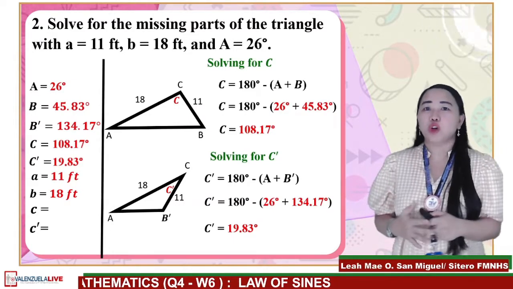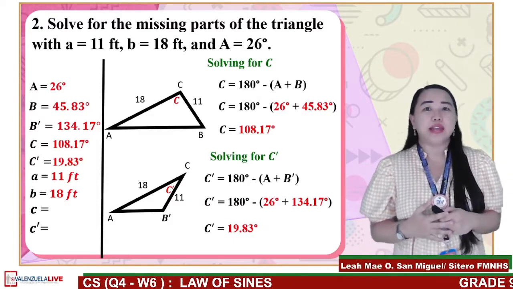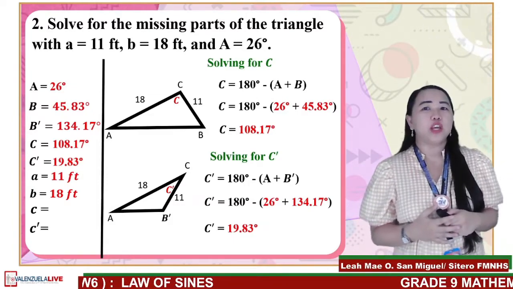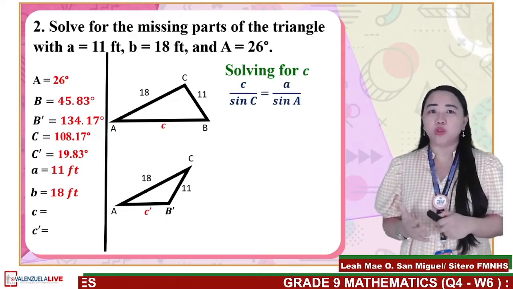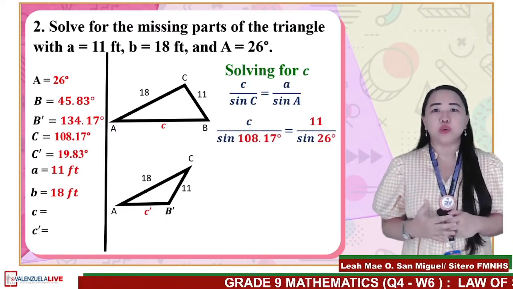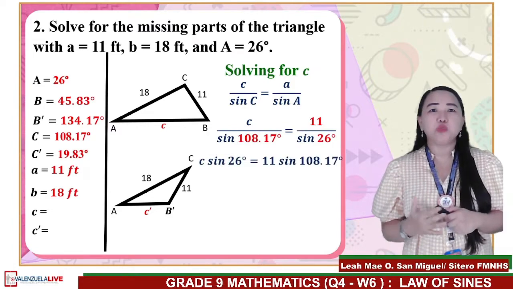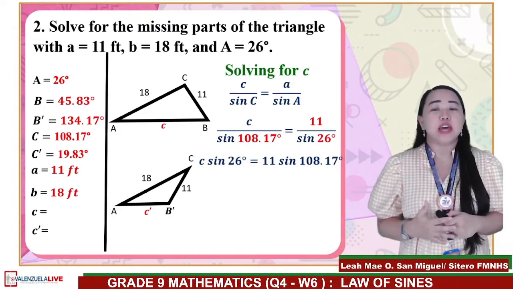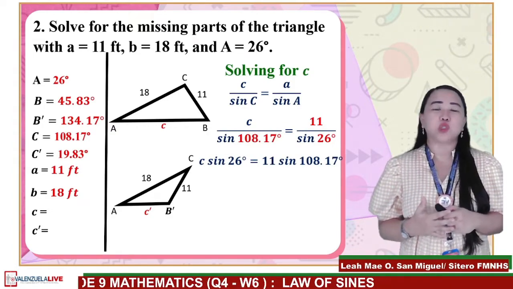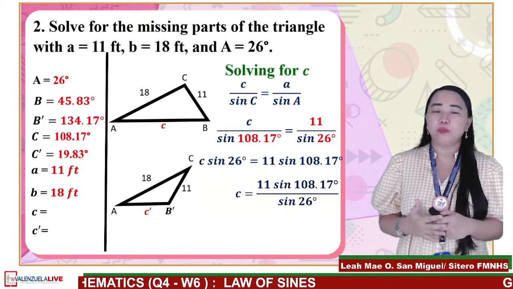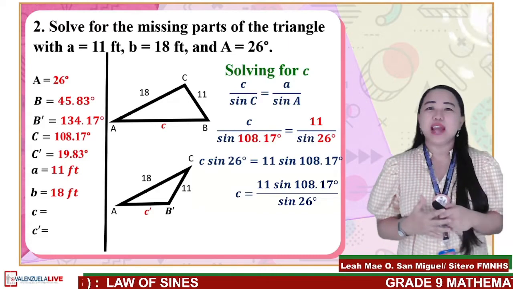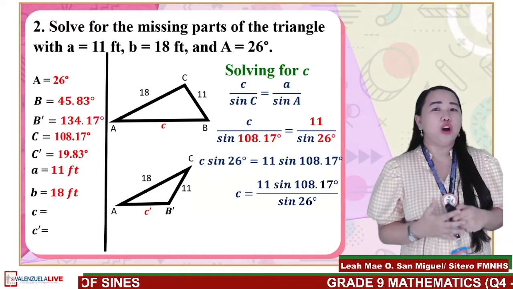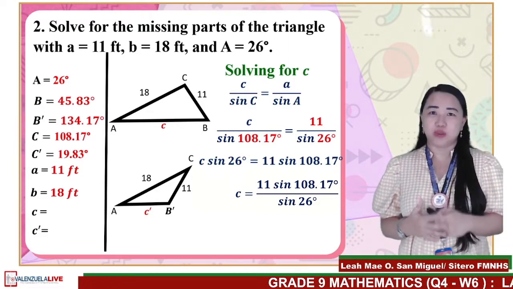And now, solving for the sides c and c prime, let us start with solving c. Using the law of sines as shown, substitute known values, then apply cross multiplication property, divide both sides by sine 26 degrees, we will have c is equal to 11 sine 108.17 degrees over sine 26 degrees.